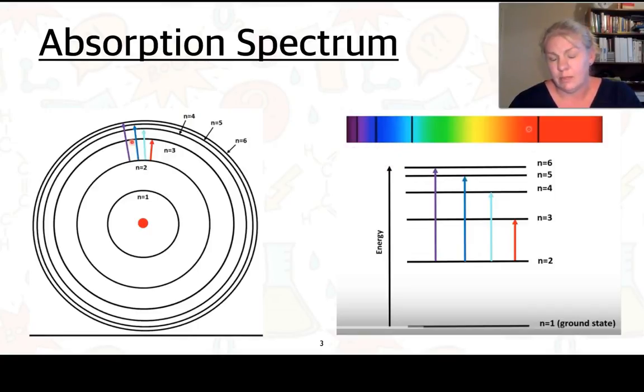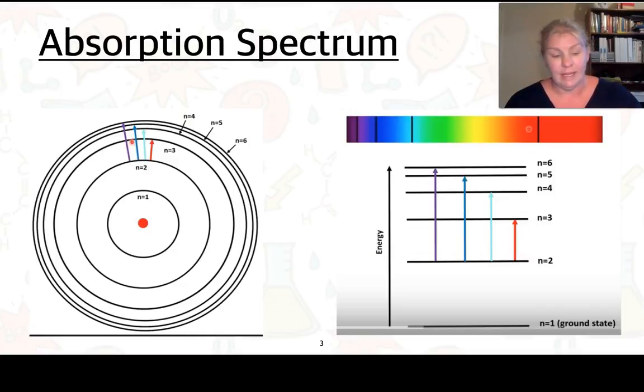This absorption spectrum here shows some black lines on the coloured background. Below here, it shows the energy levels of the atoms from n equals 1, ground state, n equals 2, 3, 4, 5 and 6. The coloured arrows here correspond to the colours that are missing on the spectrum above.